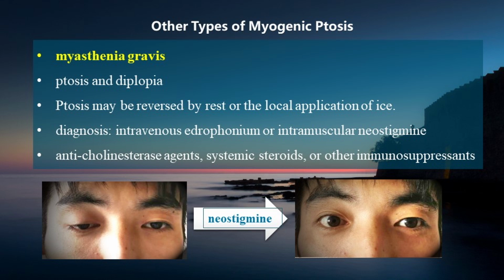The diagnosis can be confirmed by administration of intravenous edrophonium or intramuscular neostigmine, which temporarily reverses the neuromuscular junction blockade that underlies the muscular weakness.